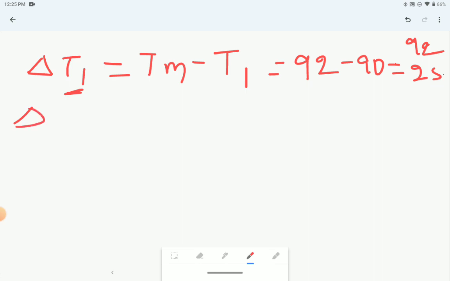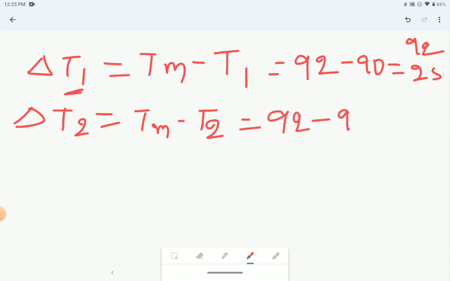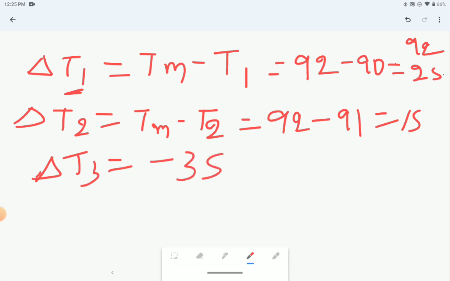So the absolute error of the first term is 2 seconds. The second error, using the same formula, is 92 minus 91, which is 1 second. The third is minus 3 seconds, which is 92 minus 95. And the fourth absolute error is 92 minus 92, which is 0 seconds.